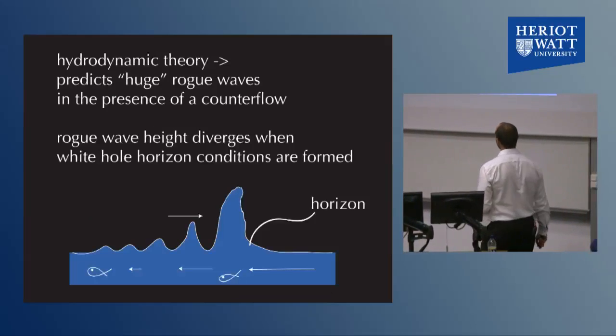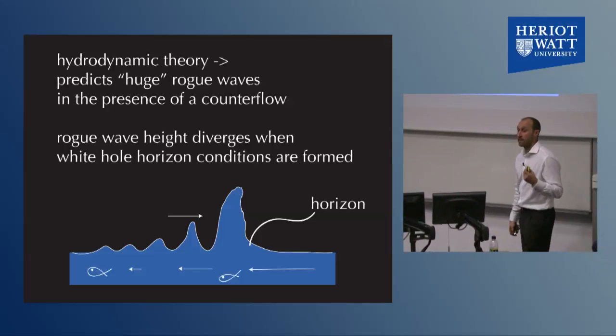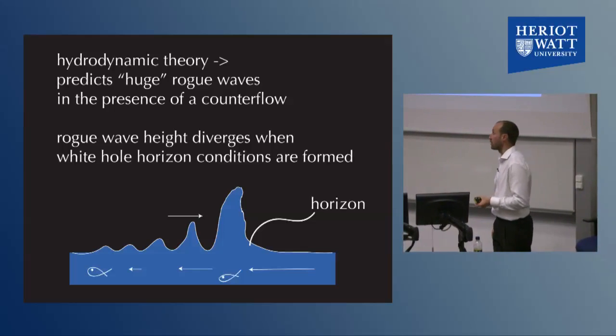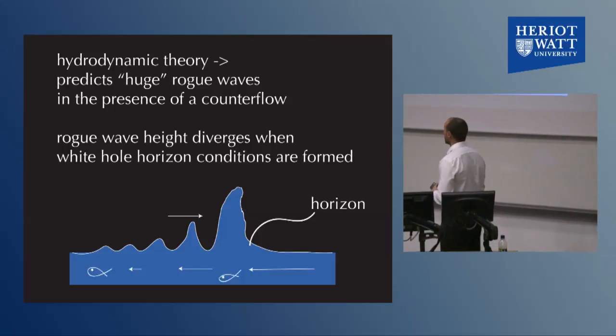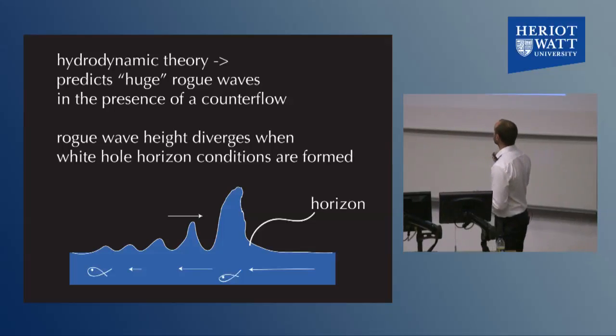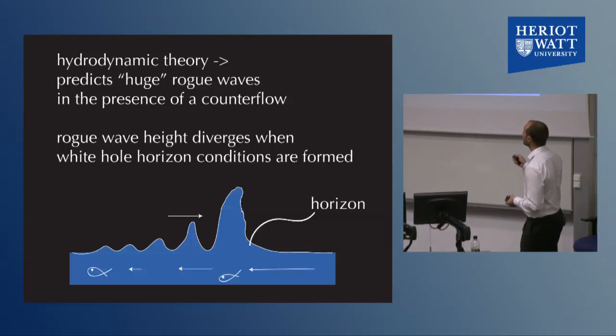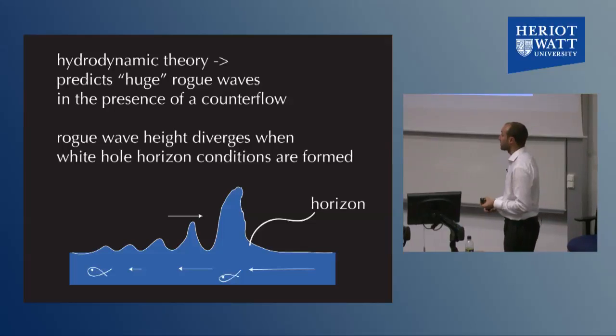What we want to do now, though, is look at how these rogue waves interact with a counter-propagating flow. The reason is that the hydrodynamic theory, or the simulations done with water waves, have predicted that there should be or could be huge rogue wave events in the presence of a counterflow.